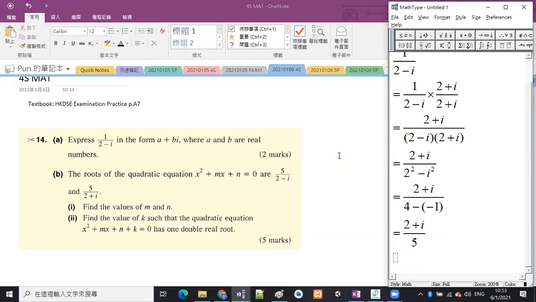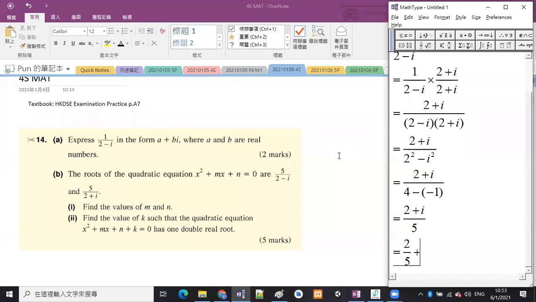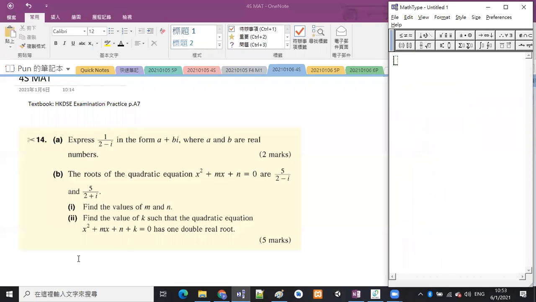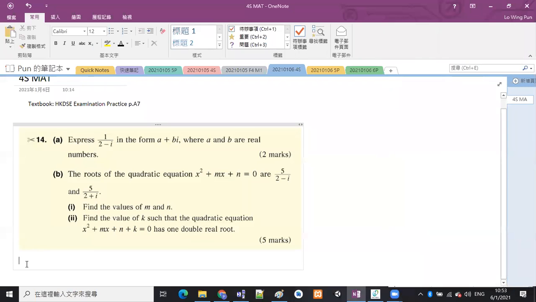But the question asks us to express in the form of a plus bi, so we need to split the fraction into the sum of two parts, the real part plus the imaginary part. So the a will be 2 over 5, and the b will be 1 over 5. This is the answer of part A.